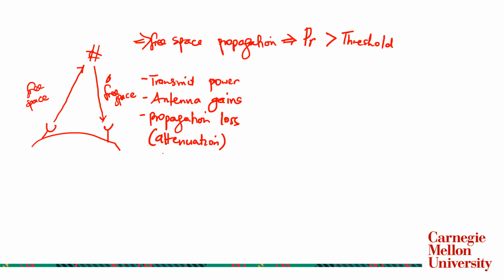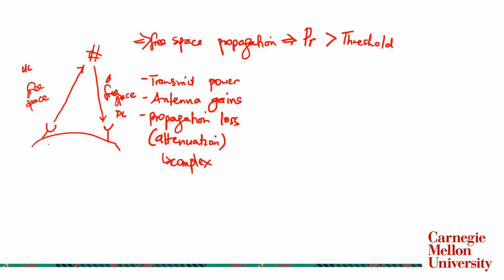The attenuation is really the more complex thing here, because usually you know the antenna gain and the transmit power, but attenuation can be quite complex, as we are going to see in a moment. Now in this case, this is called the uplink and this is called the downlink. So the link from the earth station to the satellite is the uplink, and the satellite here, we call them satellite repeaters because they receive a signal and rebroadcast it.